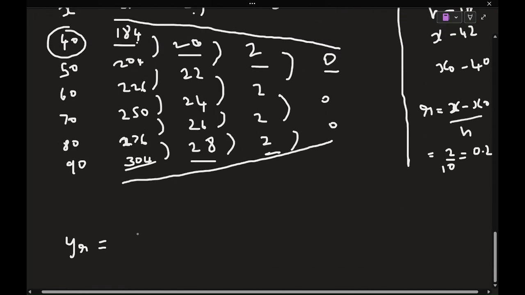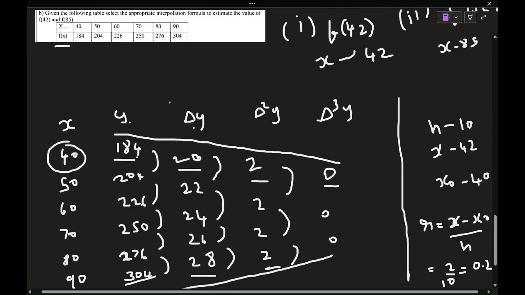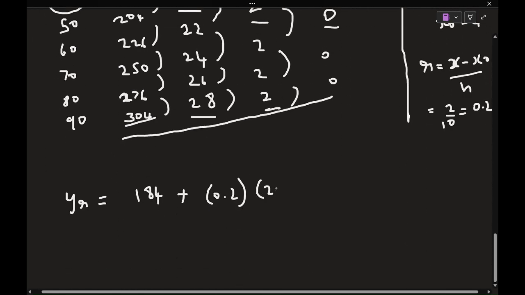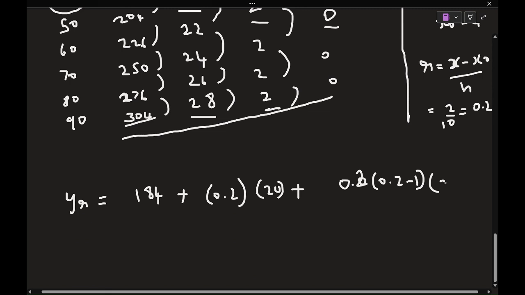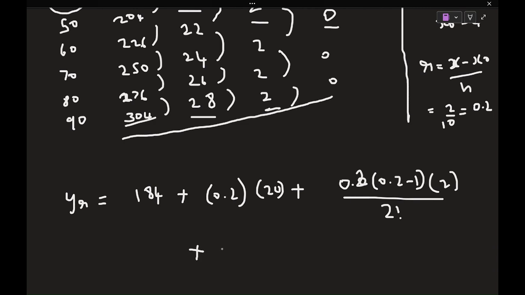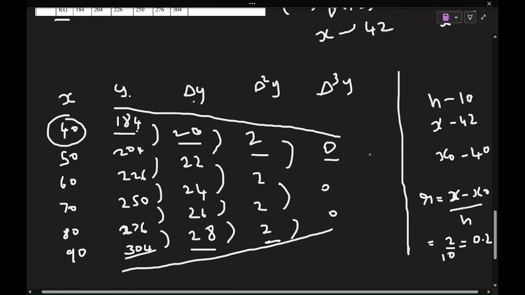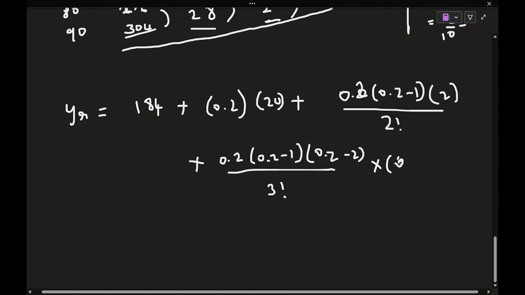So what is y naught? y naught is 184, plus r is 0.2 times del y naught, which is 20, plus r into (r minus 1), that is 0.2 into (0.2 minus 1), times del square y naught, which is 2, upon 2 factorial, plus 0.2 into (0.2 minus 1) into (0.2 minus 2) upon 3 factorial into del cube, which is 0. So obviously this whole term becomes 0.